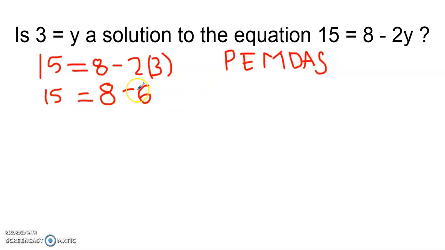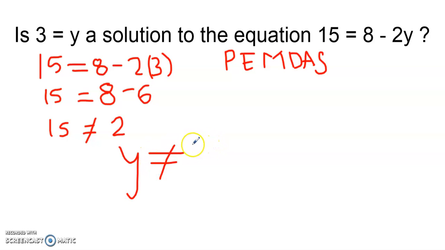So we've got 8 minus 6 leaves us with a positive 2, and then equals 15. So we know that 15 does not equal 2, so we know that this is not a solution. So 3 cannot be equal to y. So y does not equal 3.